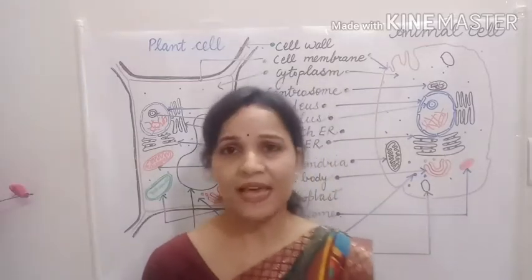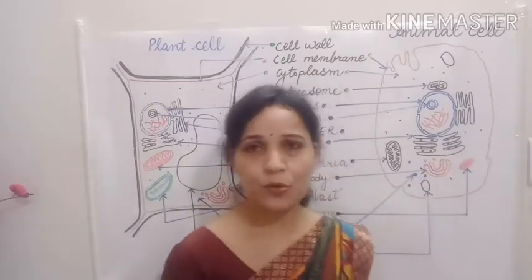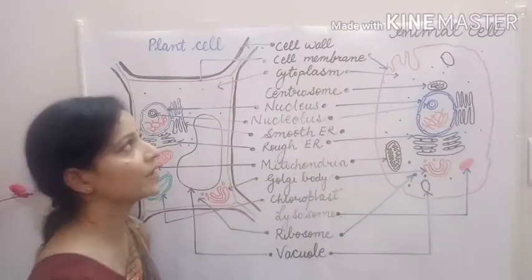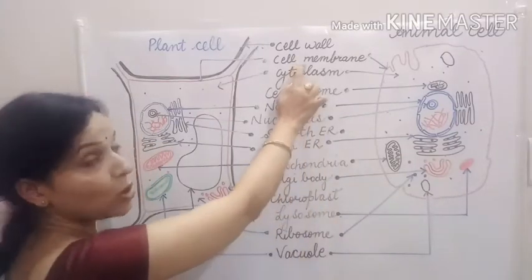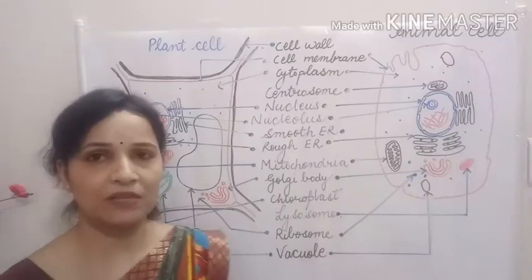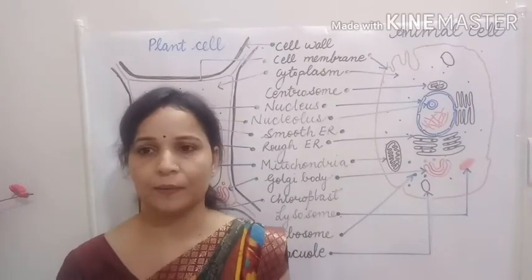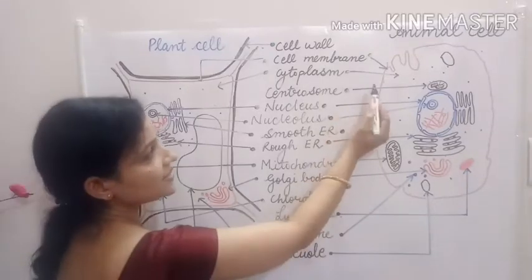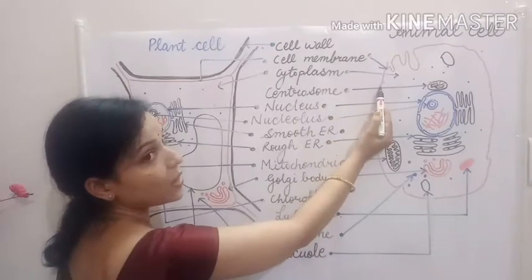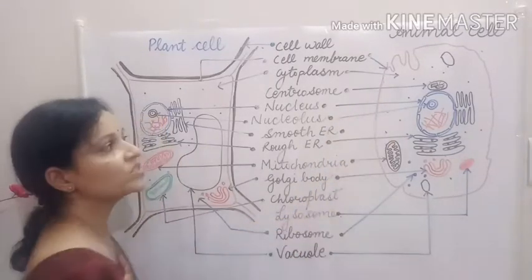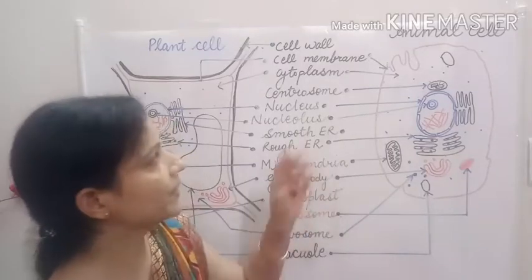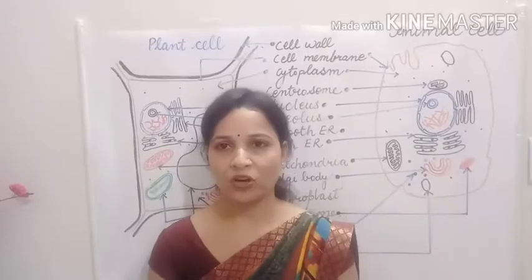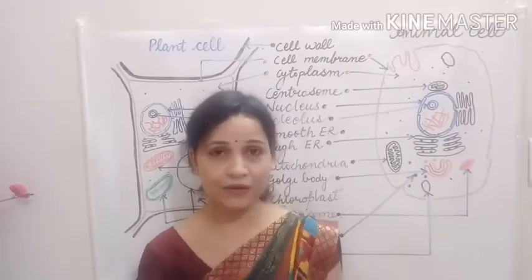The cell membrane is also known as the plasma membrane. It is a living structure which separates the cell from its surroundings. Now, what are the functions of the cell membrane?